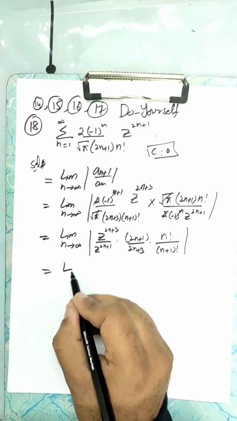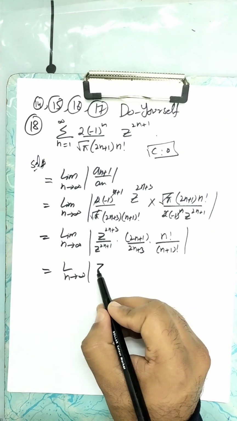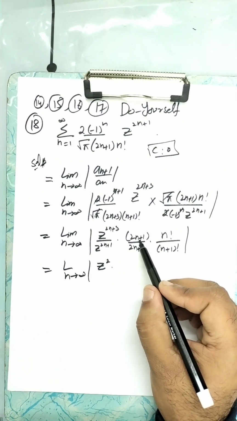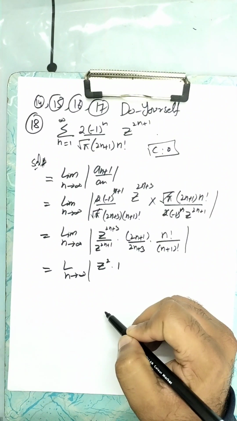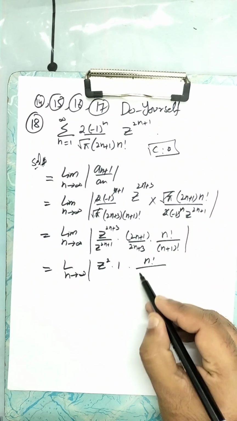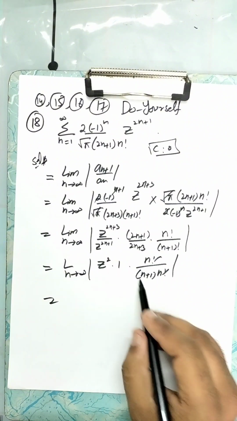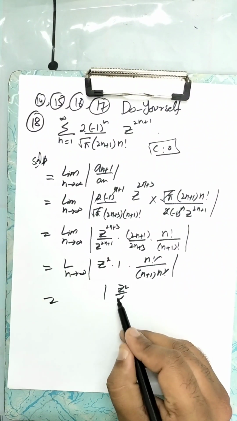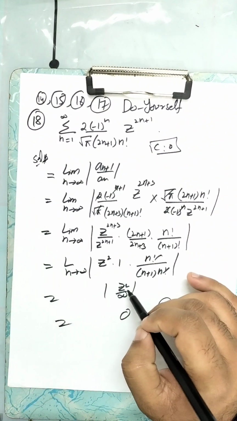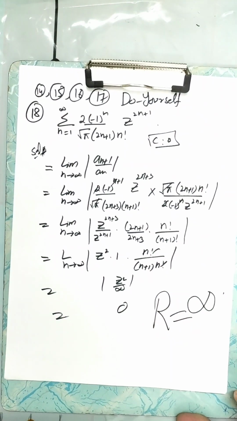Now solve these terms, so this becomes, as n approaches infinity, z squared after simplification, and here we use the L'Hopital rule, and after applying it this becomes 1. Then open the factorial in the denominator, so if we put infinity here, z squared over infinity becomes 0. So the radius of convergence is infinity, because for any value of z our power series is convergent.